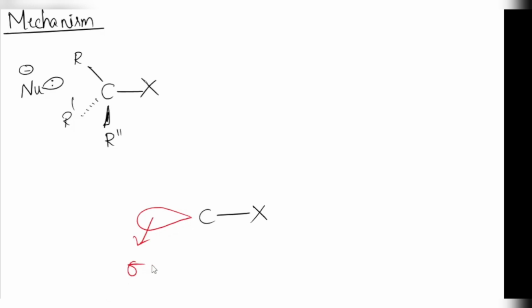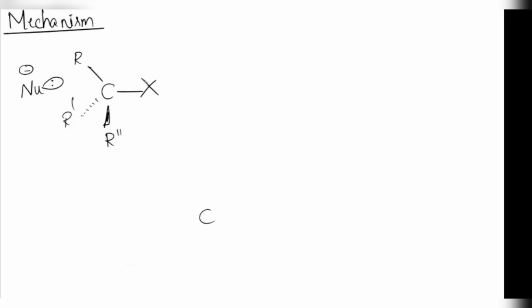This is sigma star, the anti-bonding orbital. If the carbon-halide bond has to break, the nucleophile has to give its electrons to this sigma star anti-bonding orbital, so that this bond will break, correct? Exactly the same thing happens in the above-mentioned mechanism.